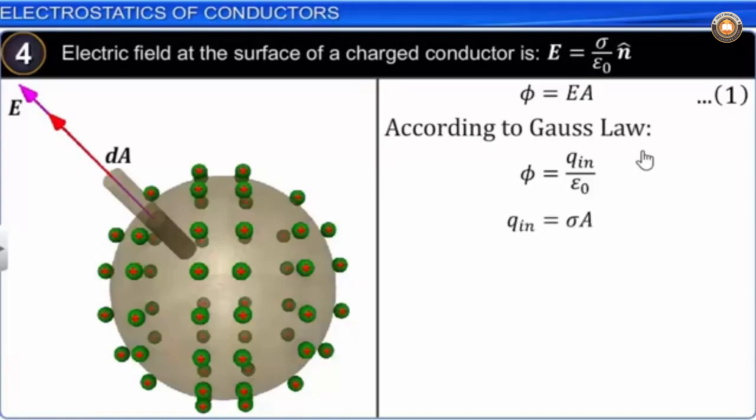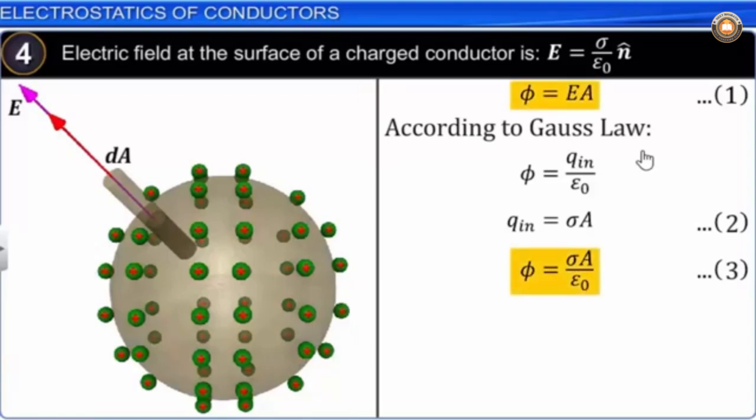Substituting equation 2 in the equation for electric flux phi, we get phi equal to sigma A by epsilon naught. Let this be equation 3. From equations 1 and 3, we have EA equal to sigma A by epsilon naught.